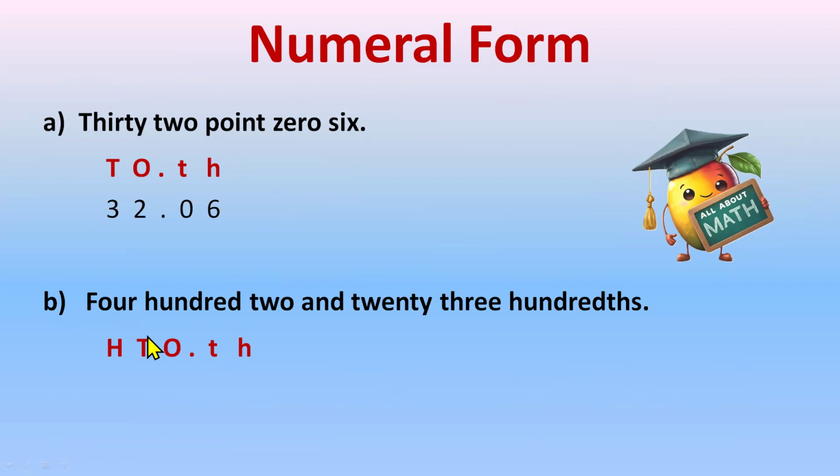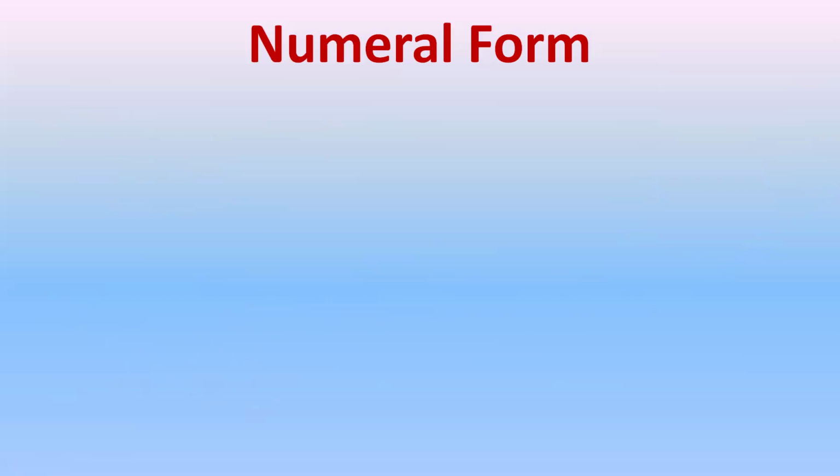So we do not have tens here, so we'll write 0 in place of tens. Decimal under decimal, we have 23 hundredths. 2 will come under tens, 3 will come under hundredths. So this is 402 and 23 hundredths. Correct? Okay, let's move further.